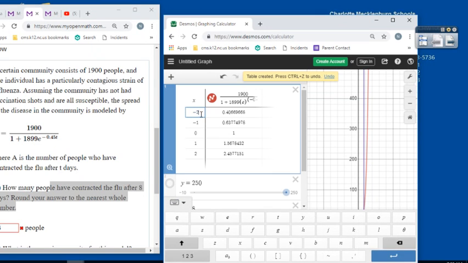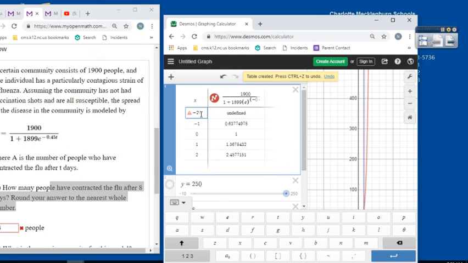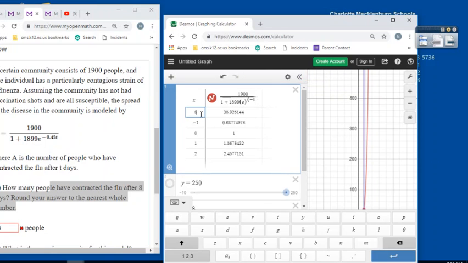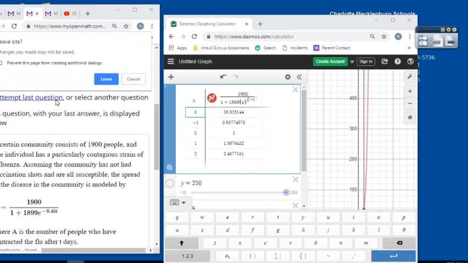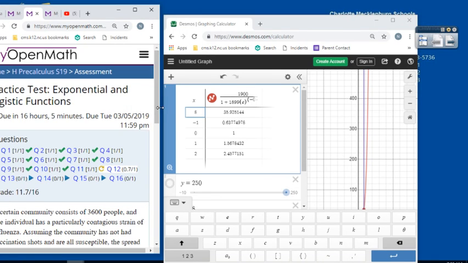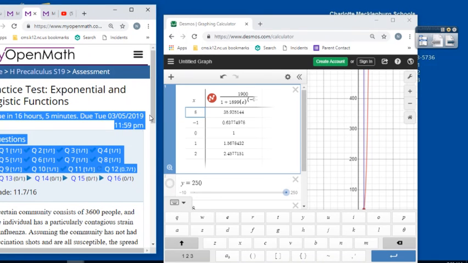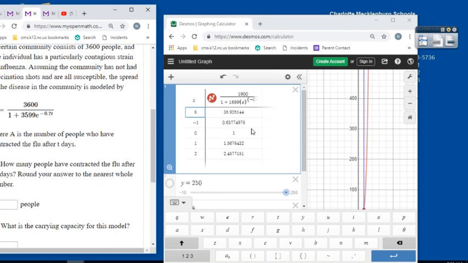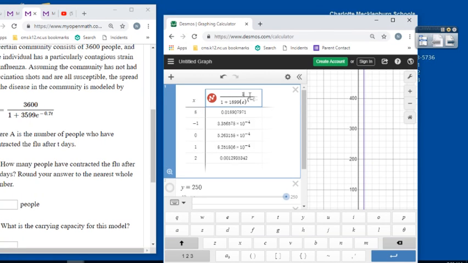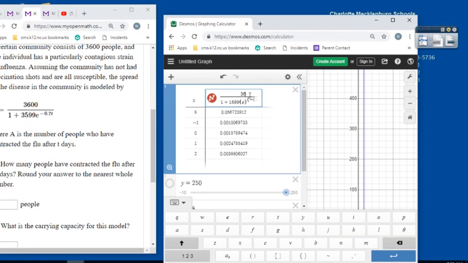Let's look at our next attempt, but perhaps I'm plugging it in to Desmos wrong. 3,600 over 1 plus 3,599 times e to the negative 0.7x.